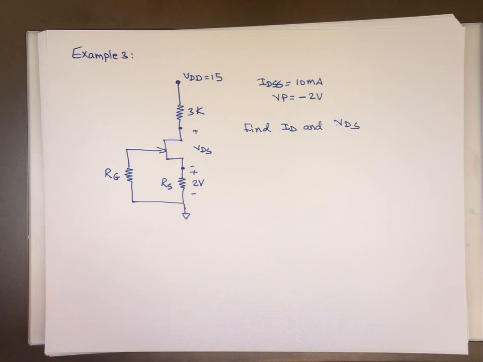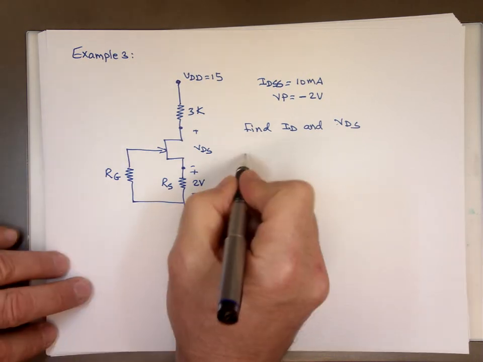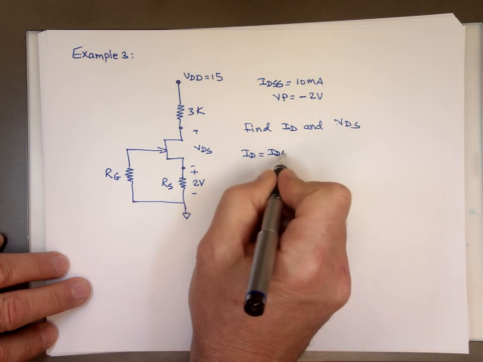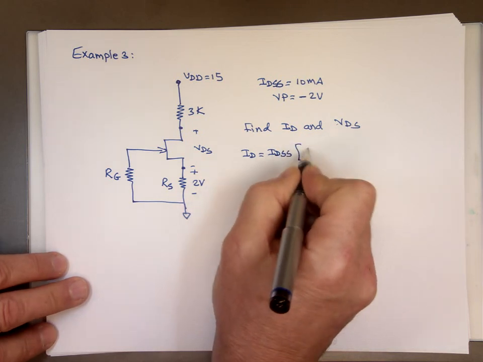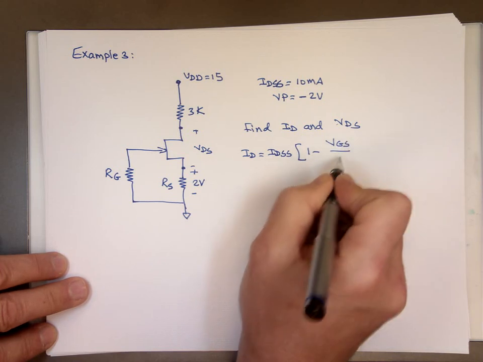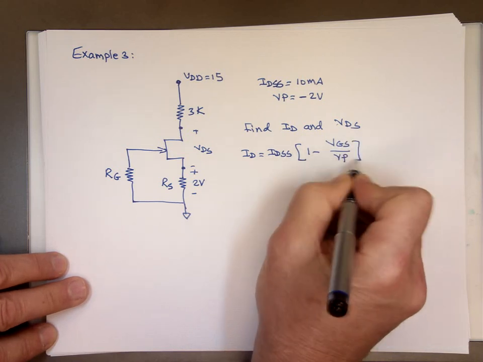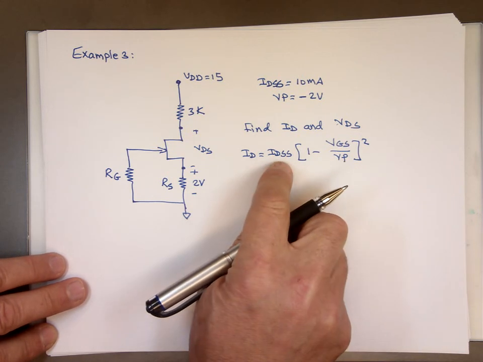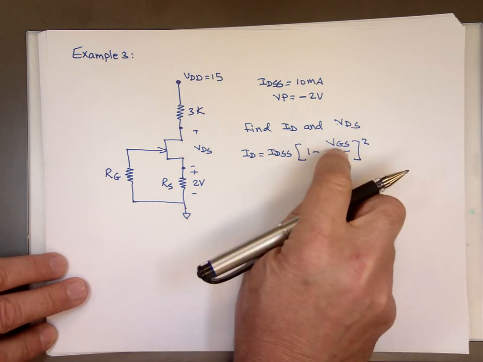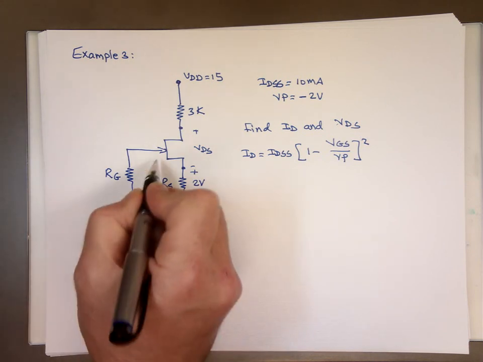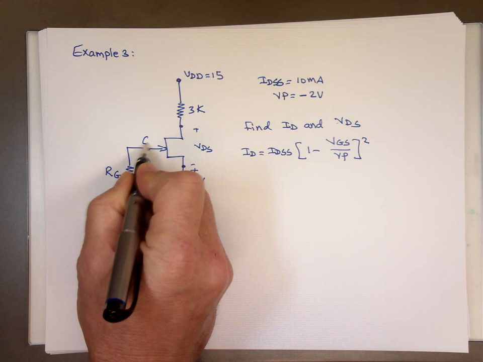Well, to find I sub D, I sub D is equal to I sub DSS, which is this number, times 1 minus VGS over VP, squared. I have that number. VP is given to me. The problem is I don't know what VGS is. Well, VGS is the gate here. That's VGS right there.